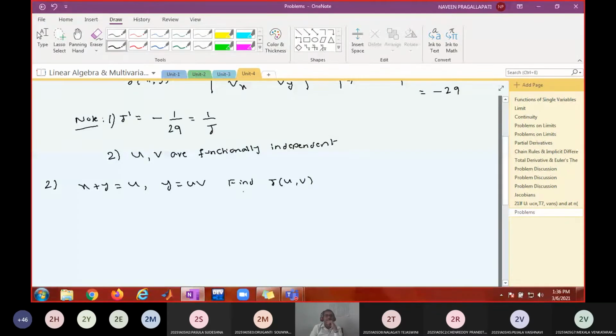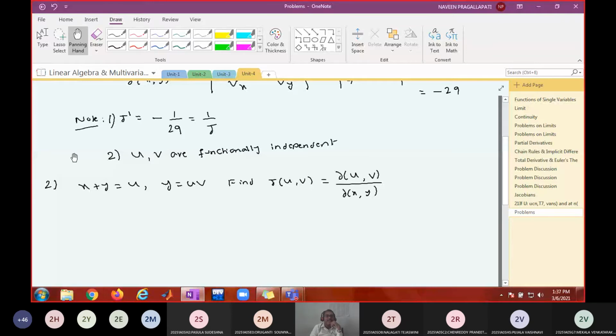That means you want dou of u comma v by dou of x comma y. That means u and v must be in terms of x and y. U is in terms of x and y. Similarly, you want to write v in terms of x and y, then substitute in the formula.